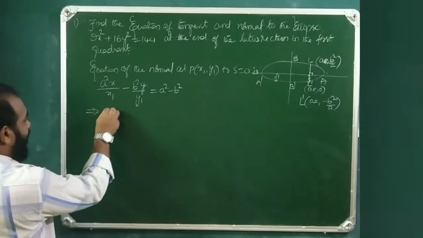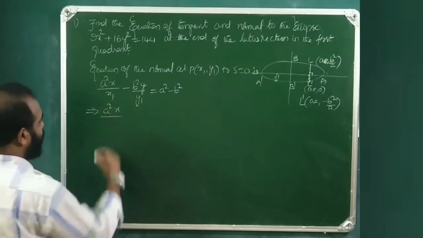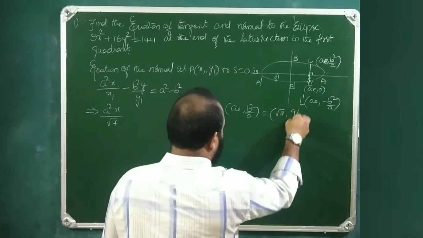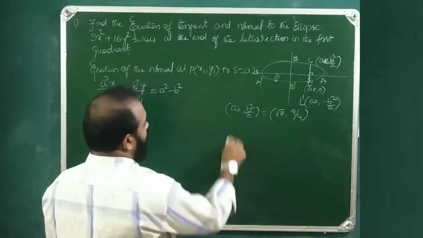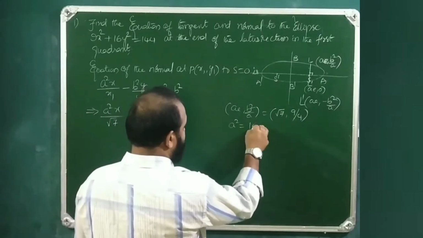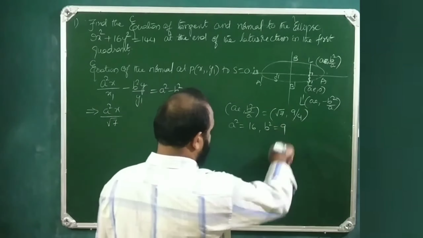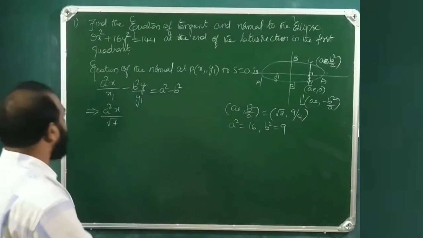So x1 is root 7, and the point is ae comma b square by a, which we got as root 7 comma 9 by 4. a square is 16 and b square is 9; these are what we got earlier.